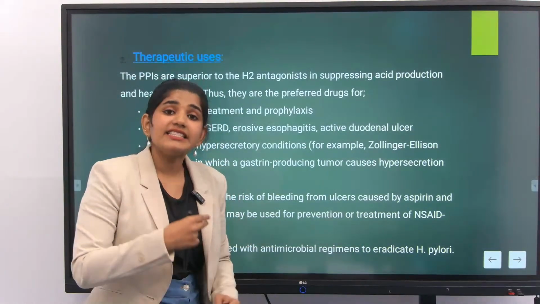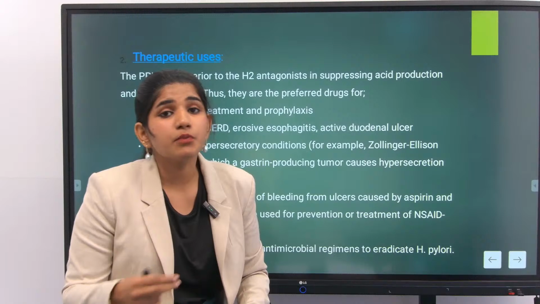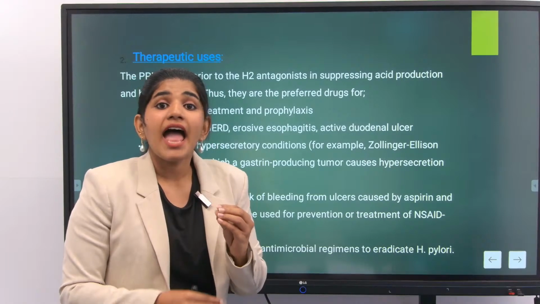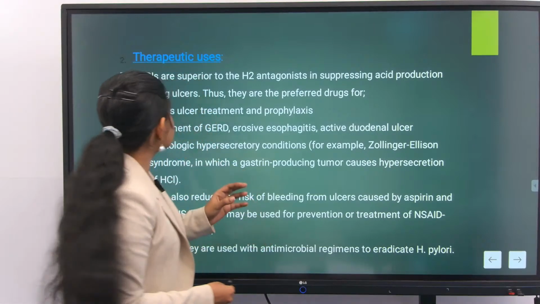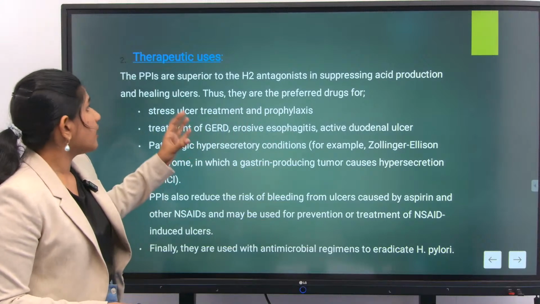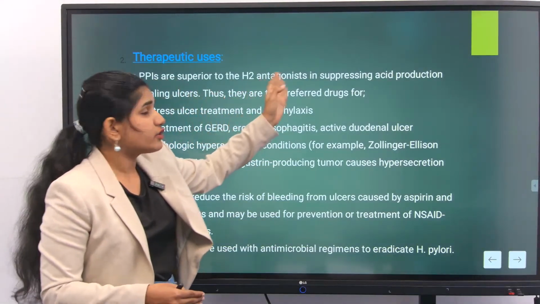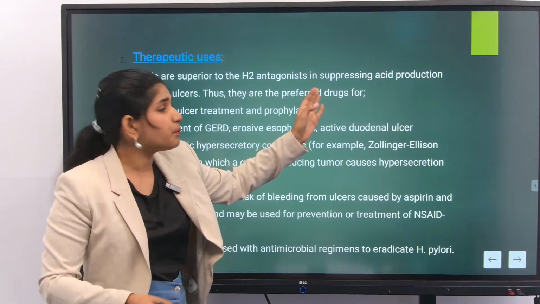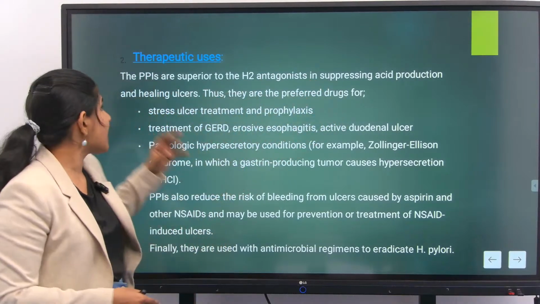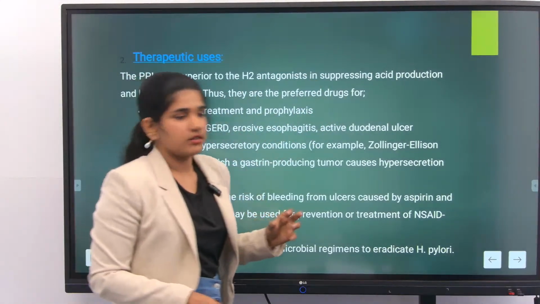So to act against H. pylori, we can use proton pump inhibitors with an antimicrobial regimen. We always use PPIs as a superior drug to the H2 antagonists. We prefer proton pump inhibitors first in suppressing acid production and healing the ulcers. Okay.